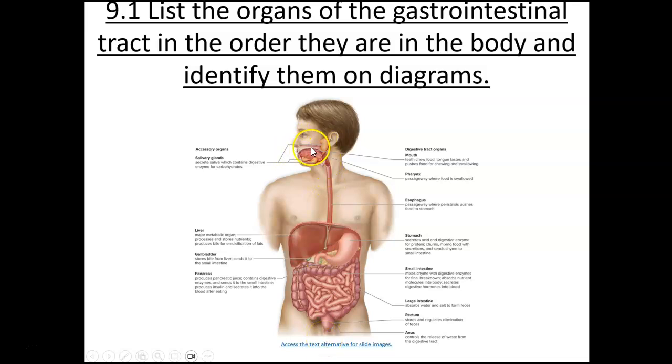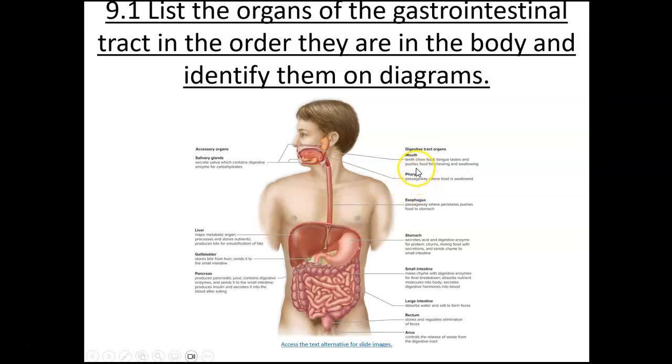So let's talk about the GI tract, the continuous tube that goes from the mouth all the way to the anus. You put food in, you ingest it, it goes into the mouth. That food is then going to go into the throat area, which we call the pharynx. A lot of people just for some reason can't get this word down.